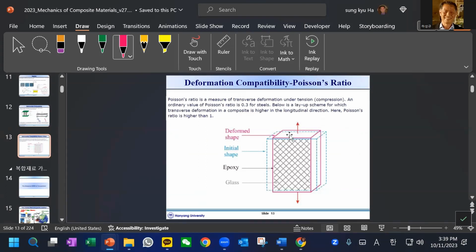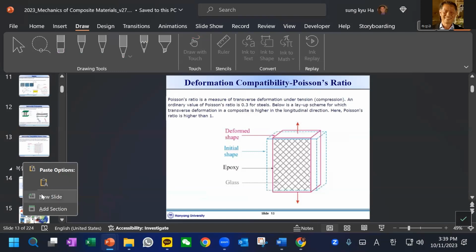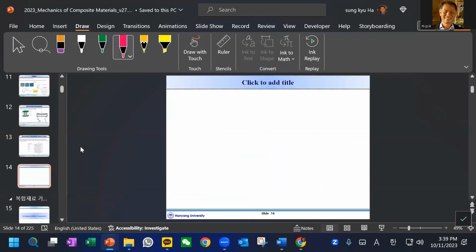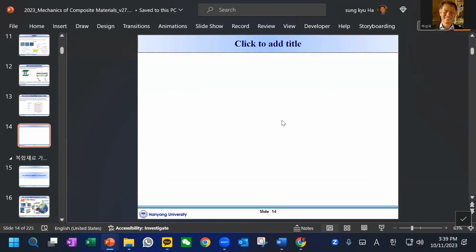So each layer will attach together, and then this will have some Poisson's effect. Under tension, any material will have a shrinkage in the transverse direction. That is called the Poisson's ratio. Well, I just shared with you some issues which we can easily find from the internet.